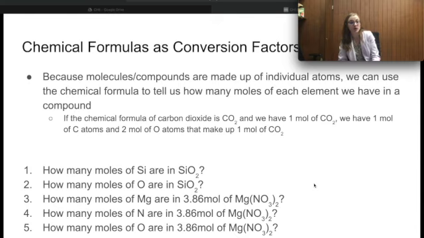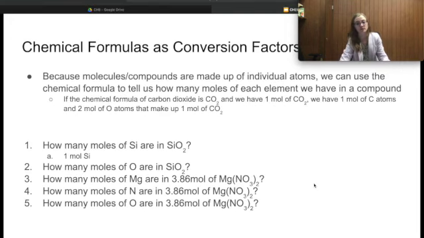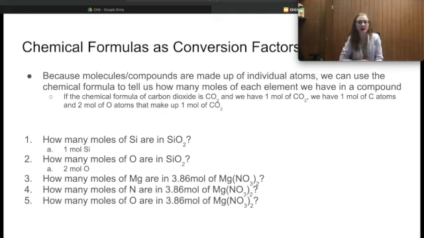So therefore, if I have 1 mole of SiO2, I have 1 mole of silicon. 1 mole of SiO2 gives me 1 mole of silicon back out from there. So if I want to know how many moles of oxygen are in silicon dioxide, I would have 2 moles of oxygen for every 1 mole of silicon dioxide because I see that subscript of 2 on my oxygen atom, okay?